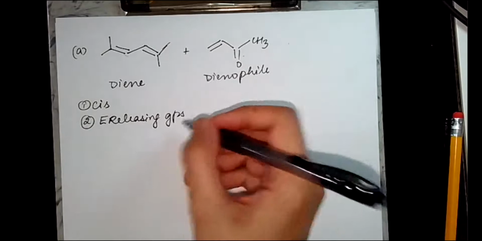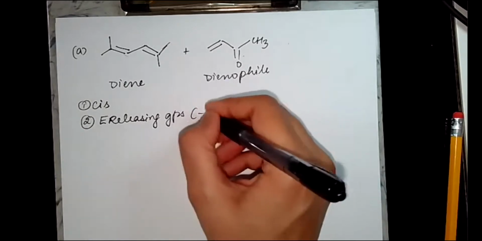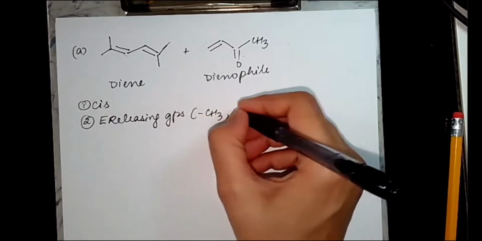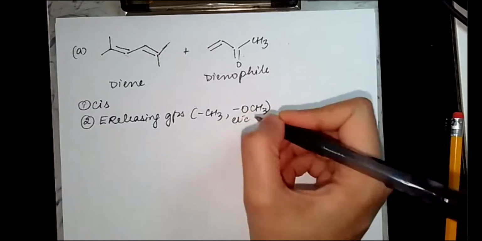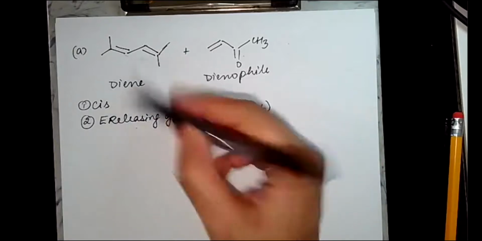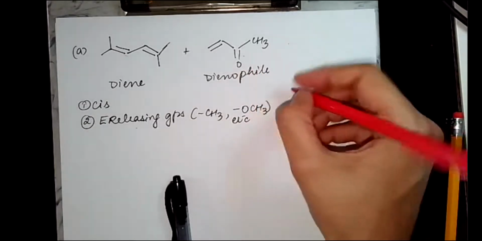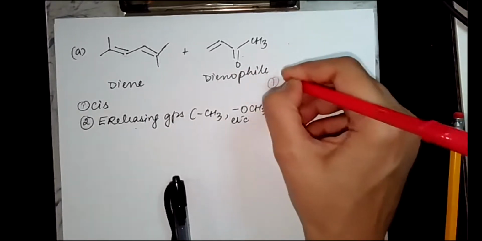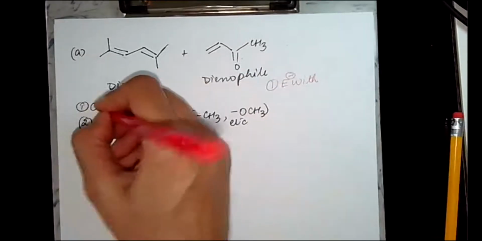So what are the best electron releasing groups that you know of? CH3, OCH3, etc. This is what you need on your diene. On the other hand, on your dienophile, the only thing that you need is an electron withdrawing group.